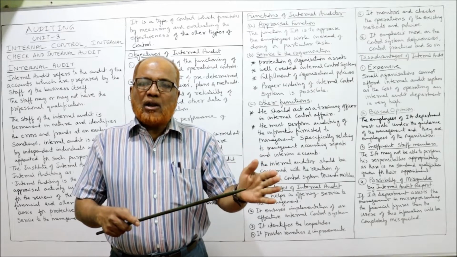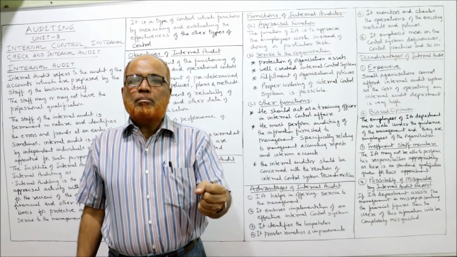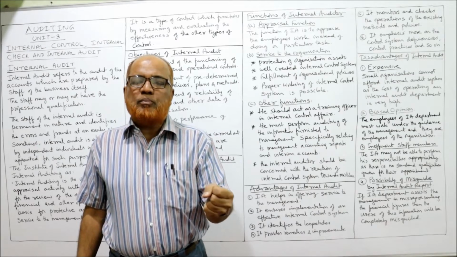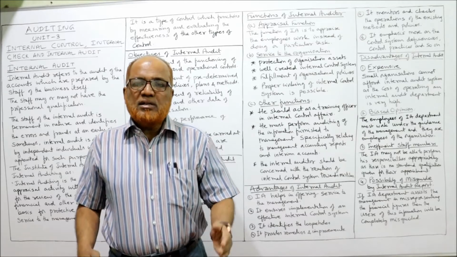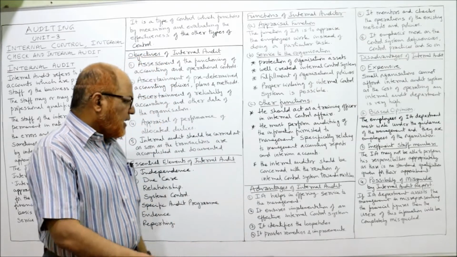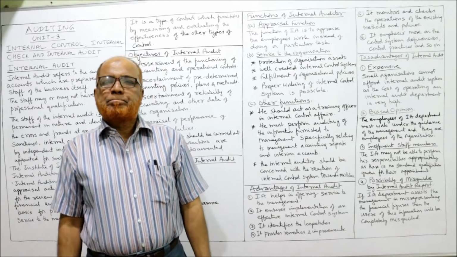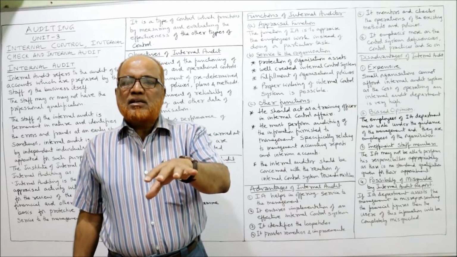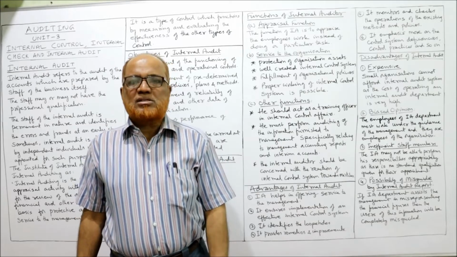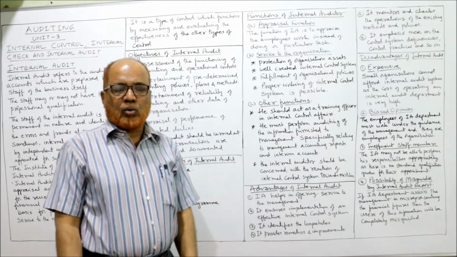So this internal audit will supply the information to the management so that management can take prompt, timely, efficient decisions. So it is helpful to the management. Next, it ensures implementation of effective internal control system. When there is effective internal audit, it means there is effective internal control system, because internal audit is a part of internal control system.